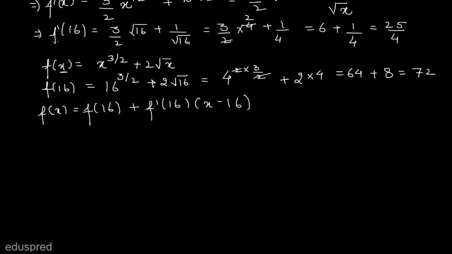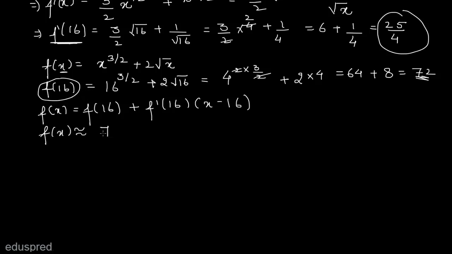Now substituting the value of f'(16), which is equal to 25/4, and f(16), which is equal to 72, the linear approximation becomes 72 + (25/4)(x - 16), where x is close to 16.